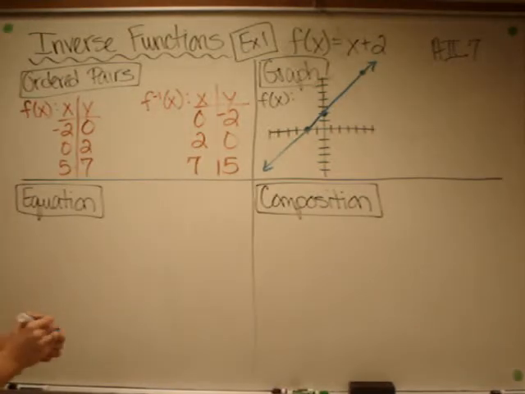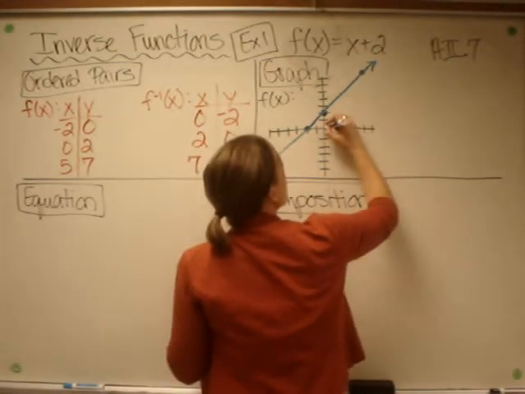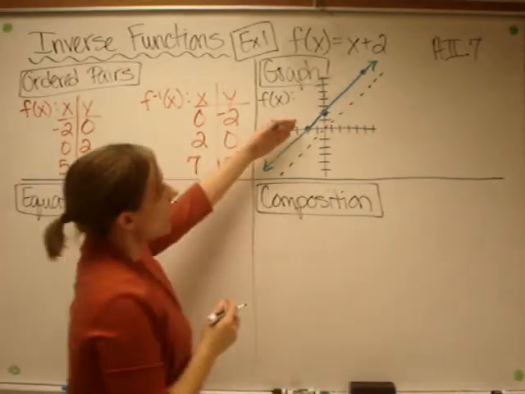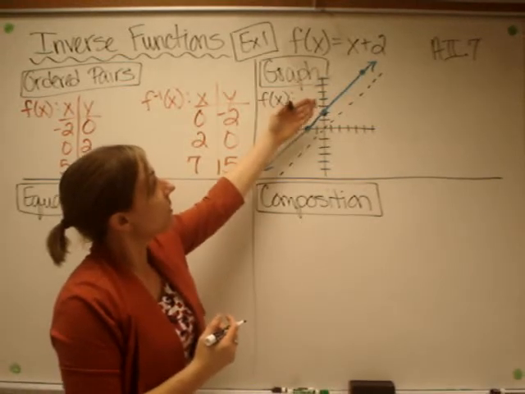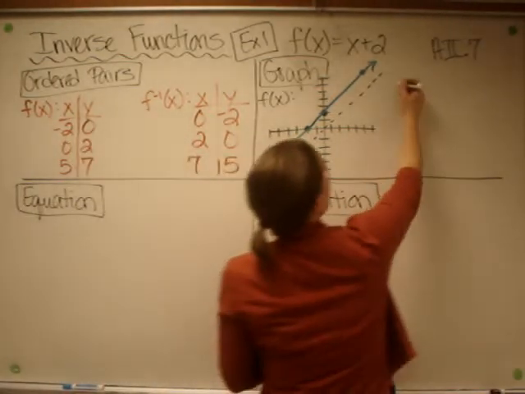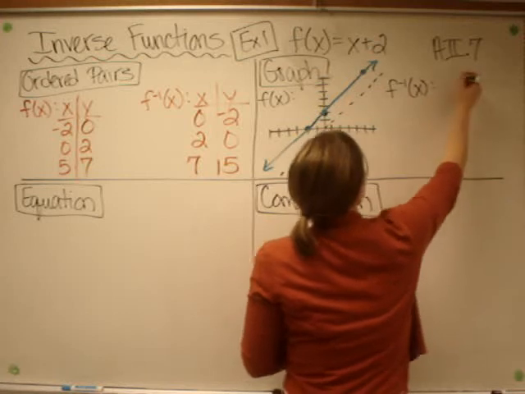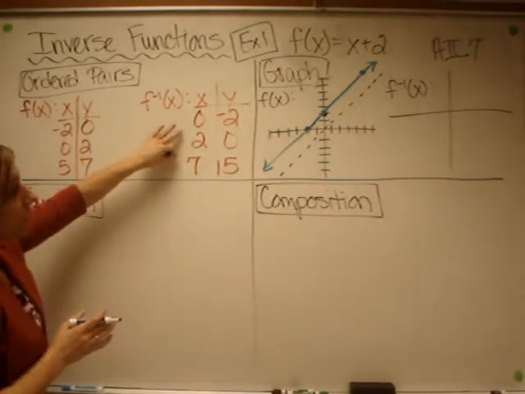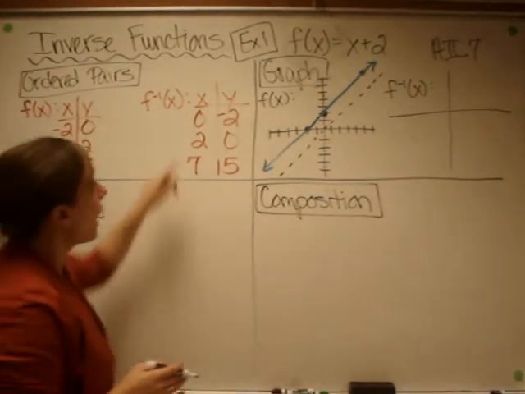Remember, the inverse function flips, or is the mirror image of, whatever we get. Since this line is up here, when we do the inverse, it's going to flip to the other side. And the nice thing is that because we were more precise with our points, we can get a more precise graph.